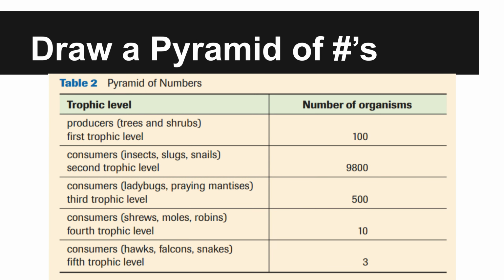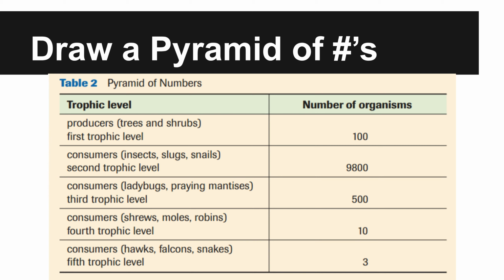And so if we're drawing a pyramid of numbers, as an example, the producers' number of organisms would be 100. Okay, let me see if I can get a drawing tool.